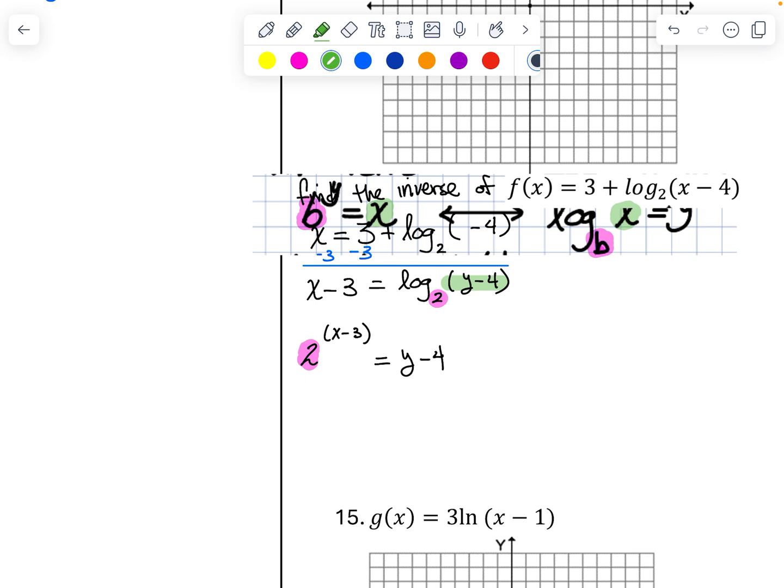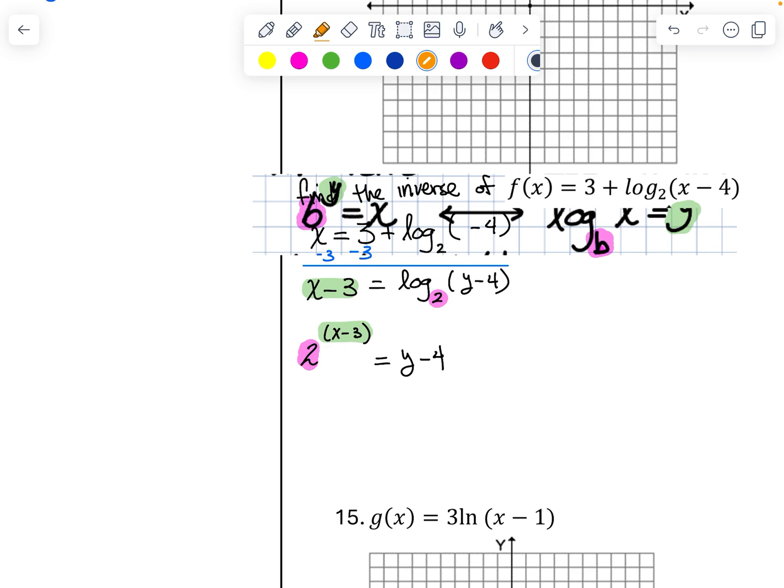And actually, if I'm consistent, that should have been a different color. This should be your y, and this should be your y. So this right here goes right here.